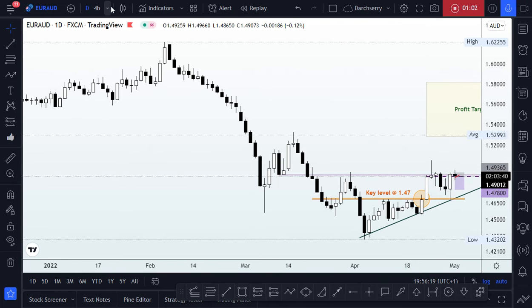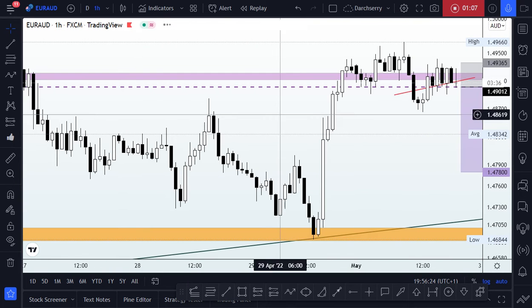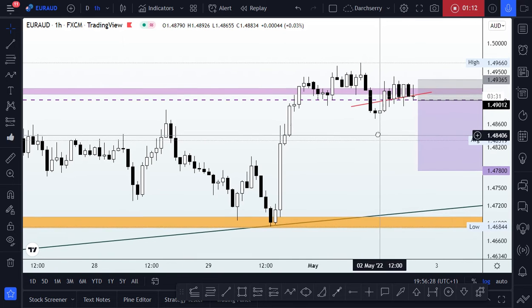However, the scenario that we're having today, after monitoring price action throughout the day, is that sellers are actually pushing price down from the 1.49500 area. And why is that?